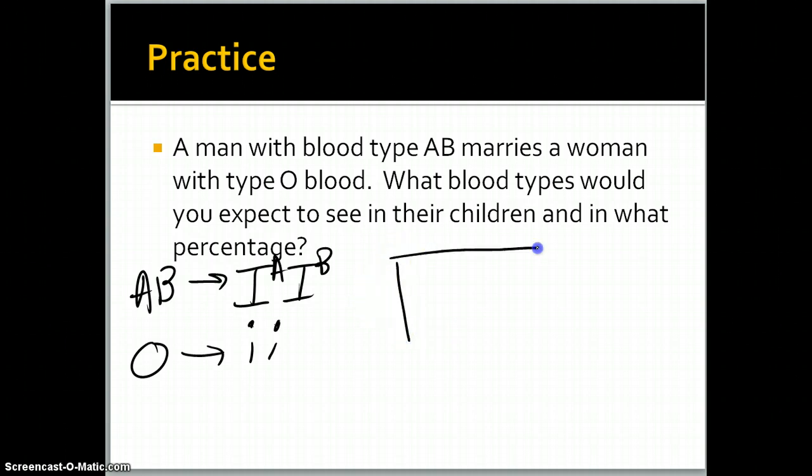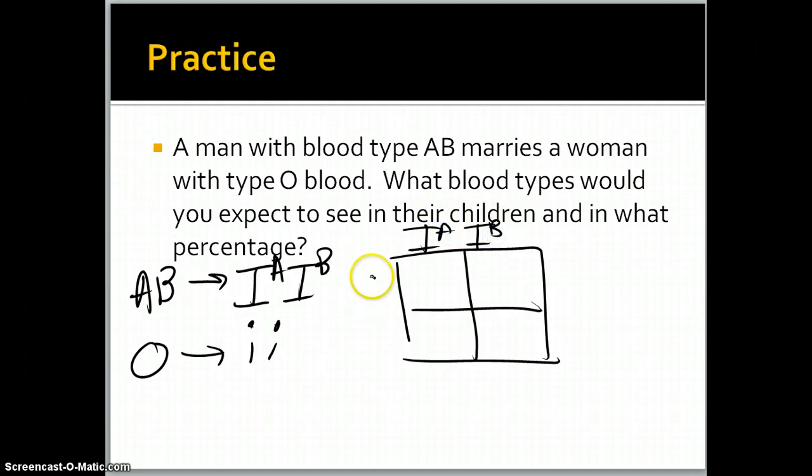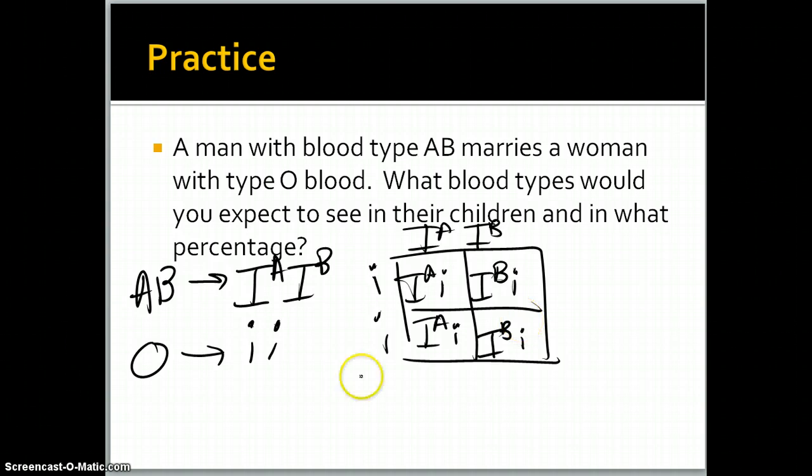If I did a Punnett square, I would get 50% of my children would have type A and 50% would have type B.